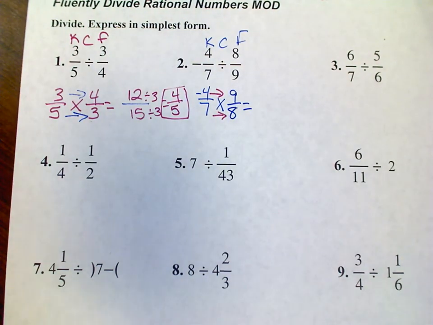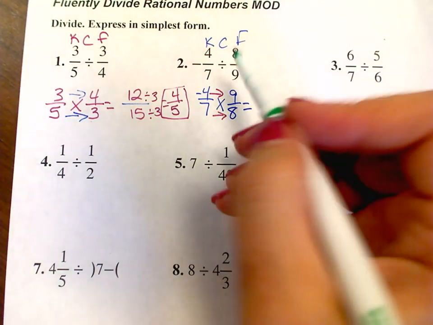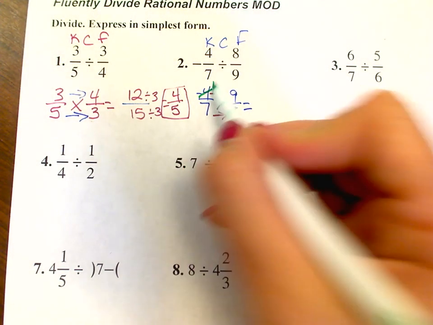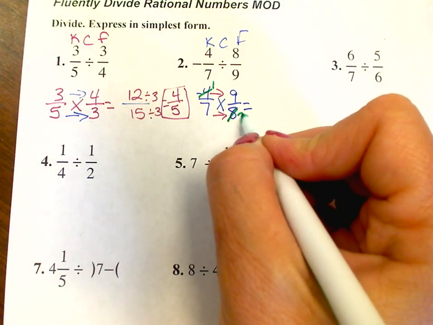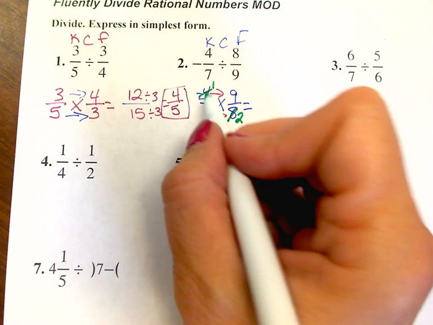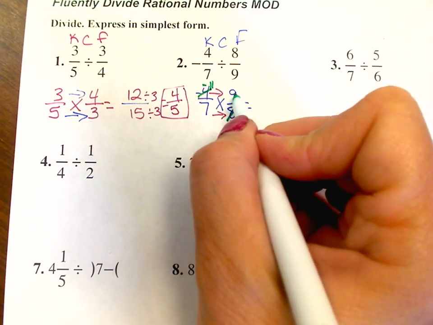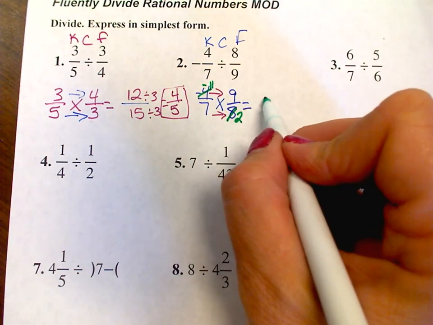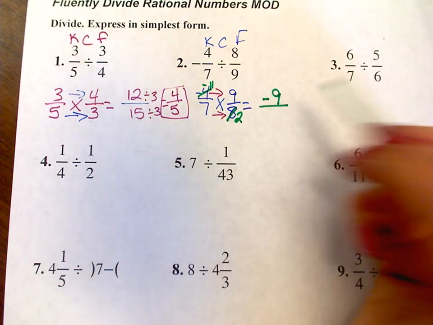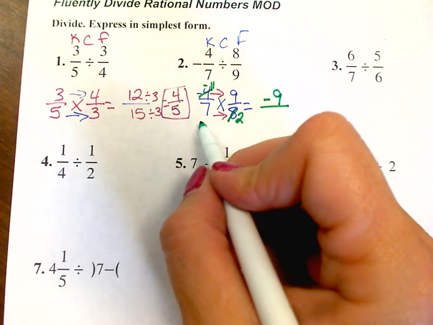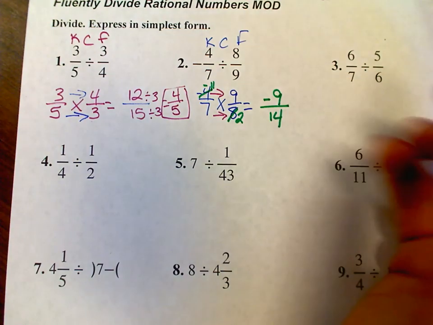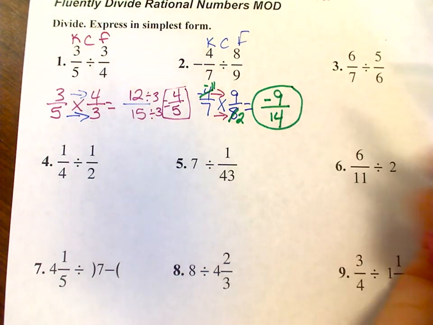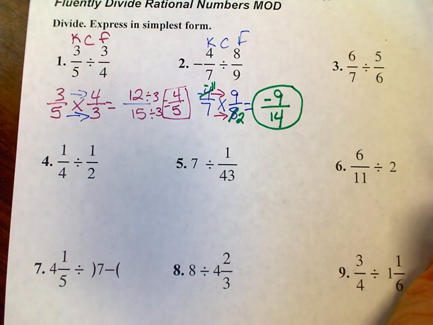And we do. So that helps us lower the numbers. 4 can go into 4 one time. 4 can go into 8 two times. So you have a -1 times 9 will be a -9. 7 times 2 is 14. It cannot be reduced, so that is your answer.